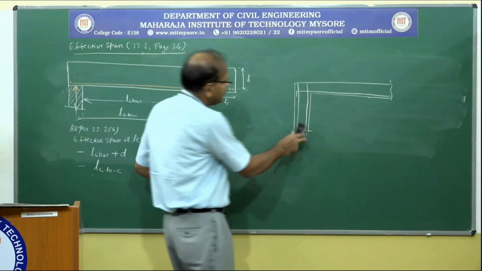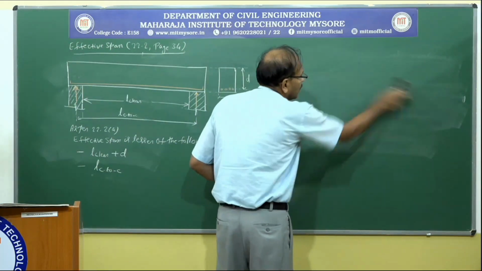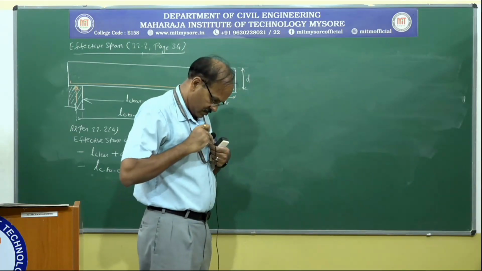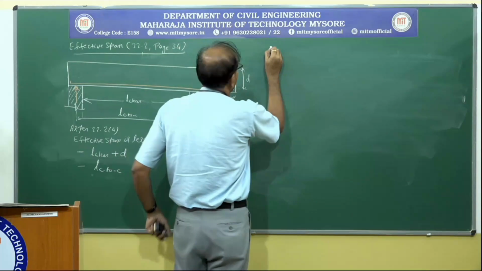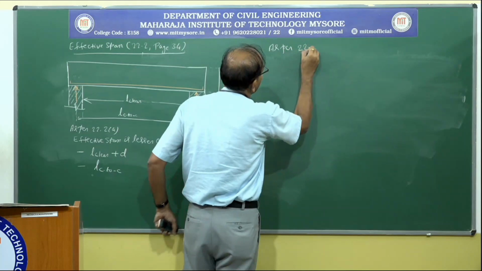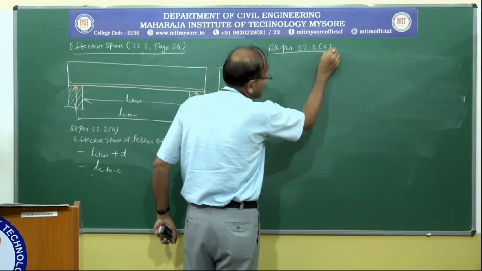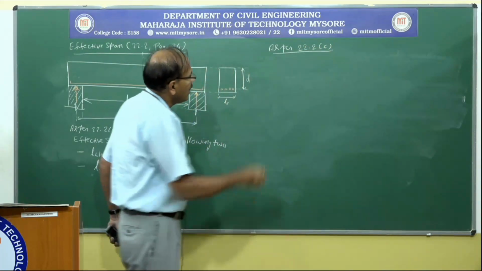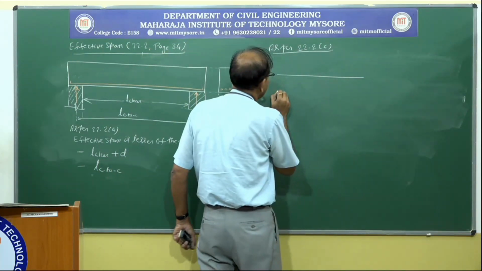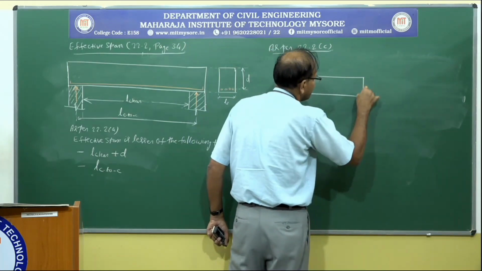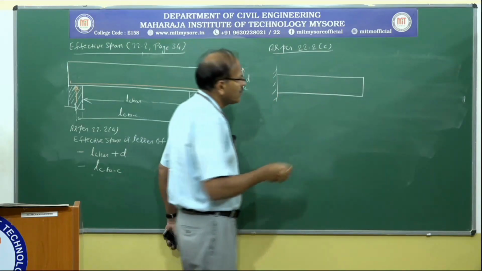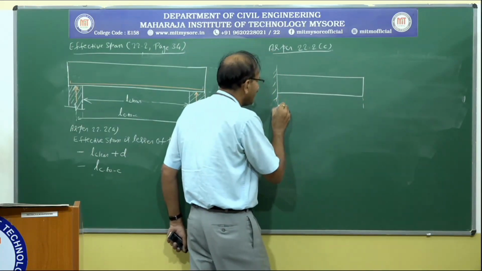So what the code says about the cantilever is, as per 22.2c, if this is a cantilever beam and this is the support, and this is the clear span.